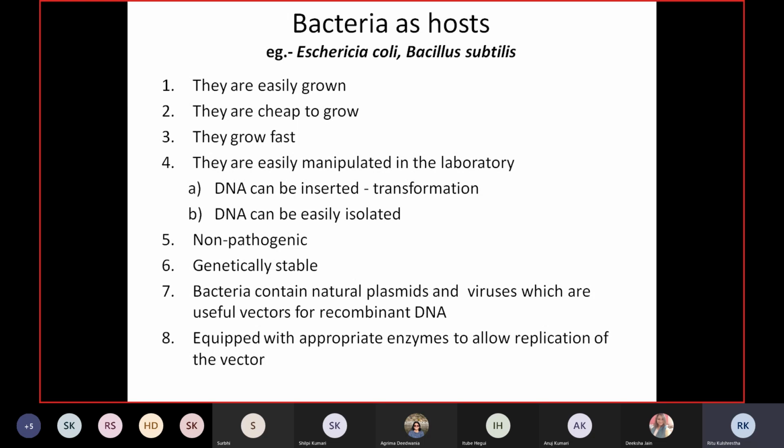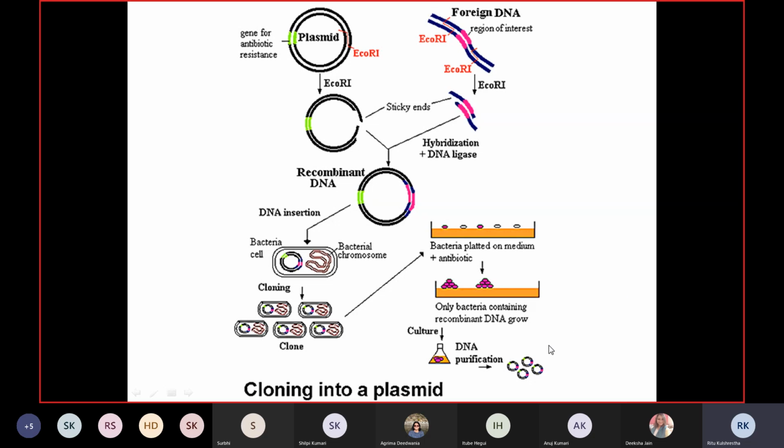There can be many different purposes, keeping in mind that your ultimate goal is to get a sufficient amount of recombinant protein. So many of these bacteria have been engineered in various ways and for various genes, so that the final recombinant protein you get is enough of it, and also highly stable in nature.